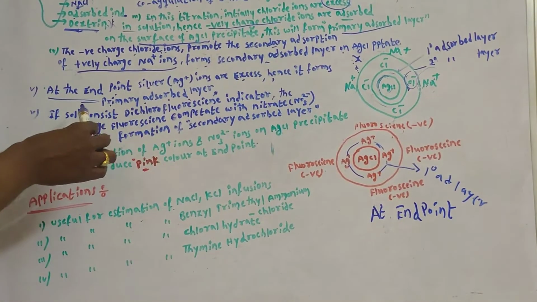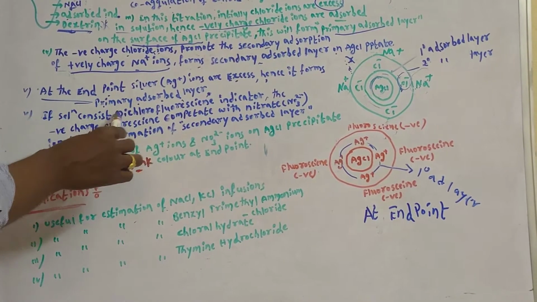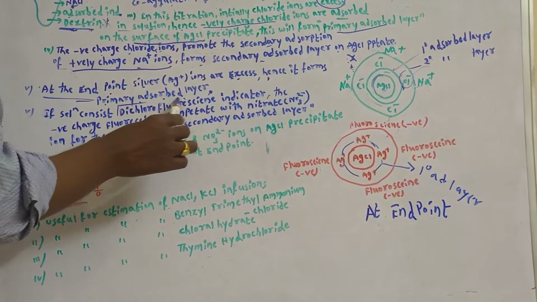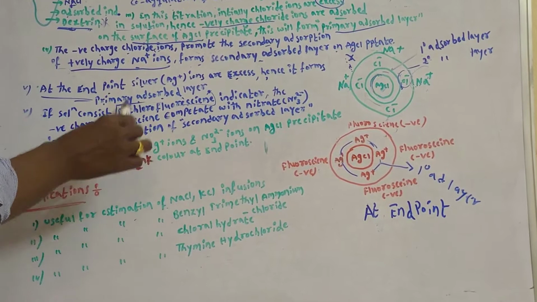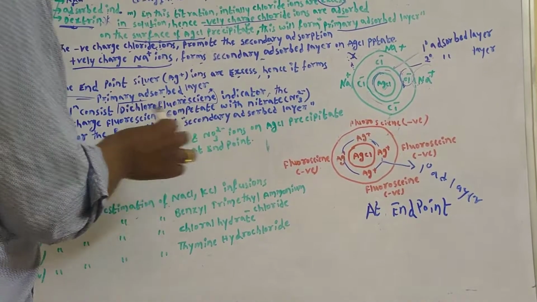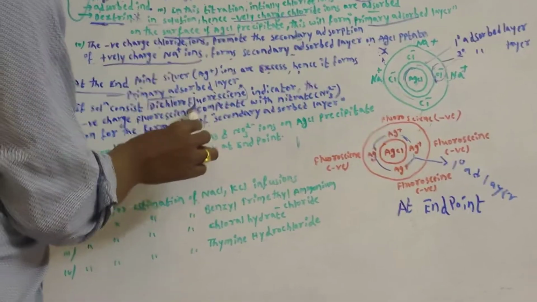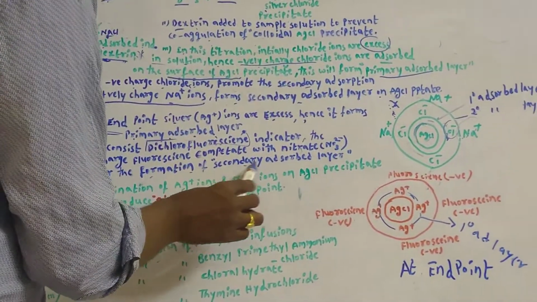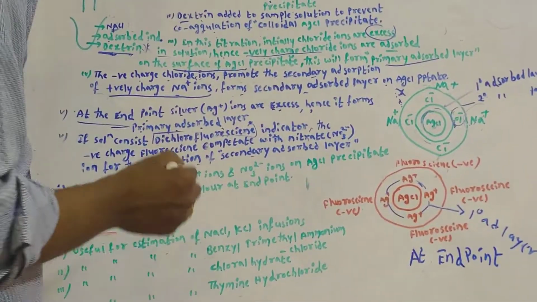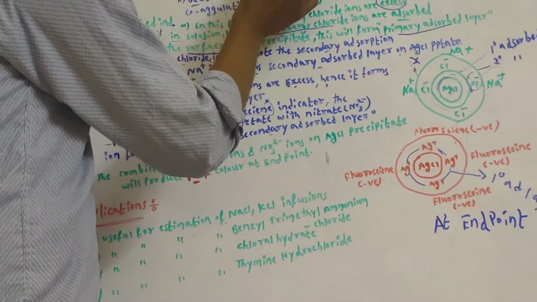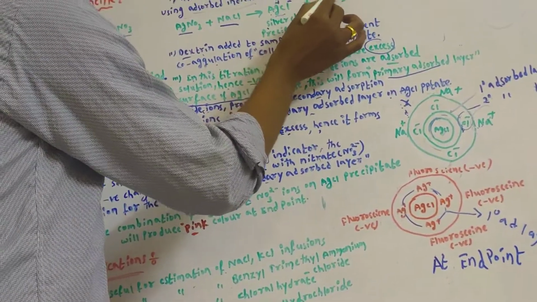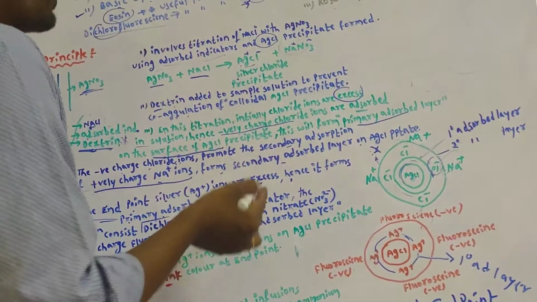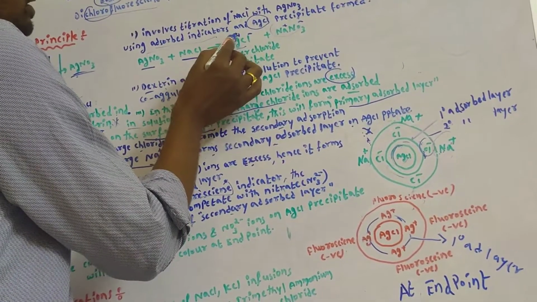Then what will happen? If the solution contains dichlorofluorescein as an indicator, the negatively charged fluorescein competes with nitrate ions for the formation of the secondary adsorptive layer. If you see the reaction, there is Ag+, Cl-, Na+, NO3-. At the end point, which ions are forming the primary adsorptive layer? Silver ions.